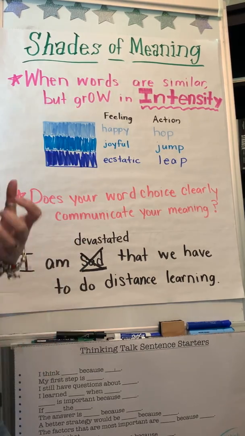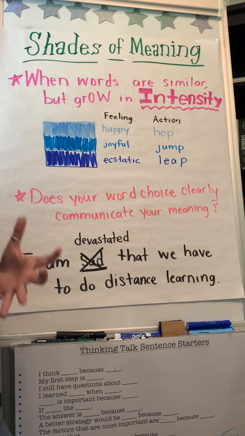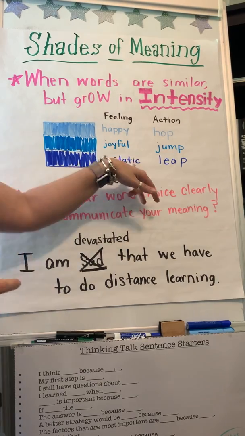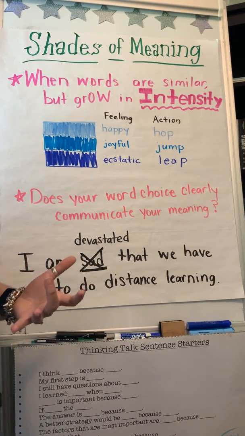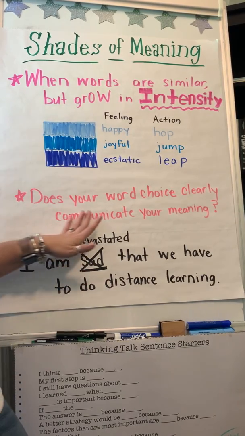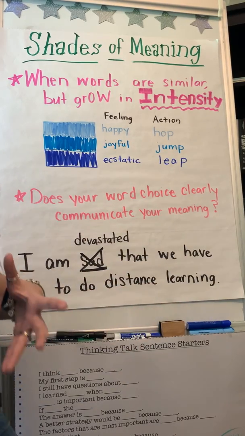Are you communicating how hard you're working? If you're writing a story about your favorite birthday party, are you telling about how ecstatic you are when you get some of the cool gifts you get? Shades of meaning help you make word choices that show your true meaning, how you're really feeling.